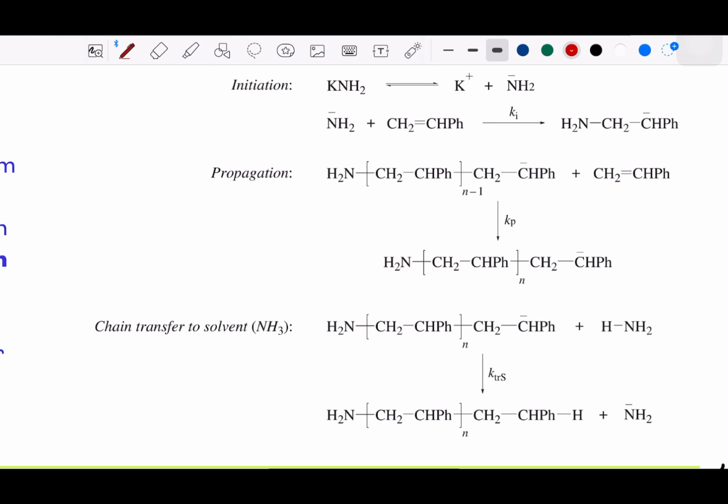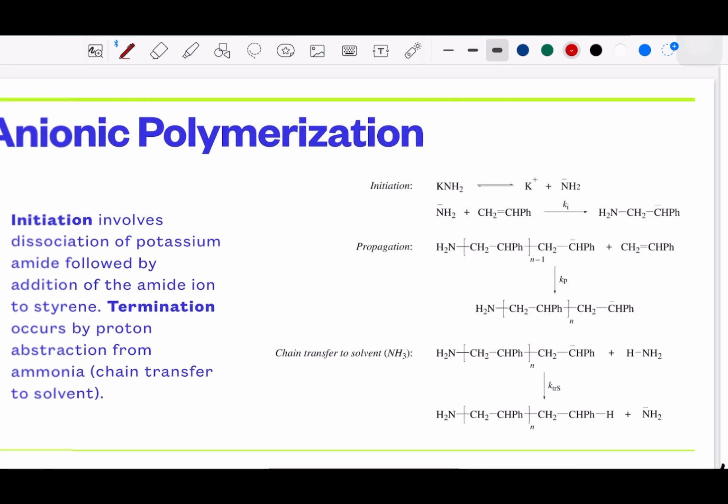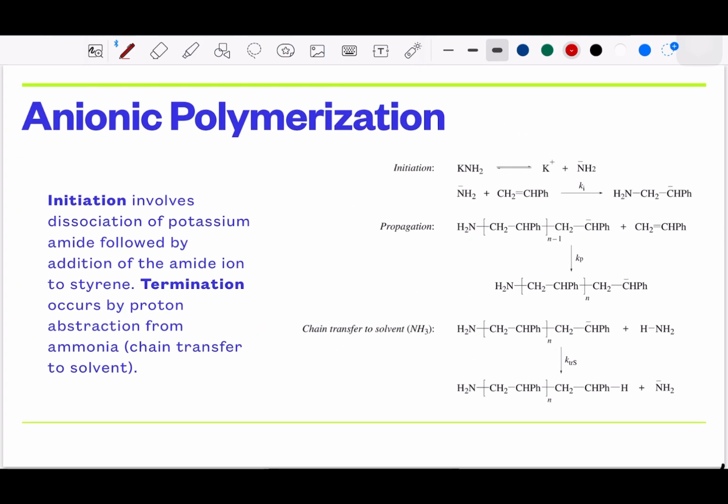So initiation dissociates the potassium and the amide, and then the amide is added to styrene. Okay, so this is styrene.